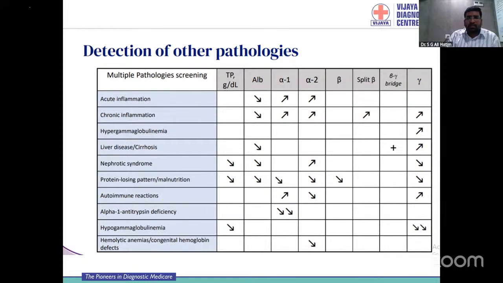Next, nephrotic syndrome. Because there is protein loss, proteinuria, there is decrease in total protein, albumin. The alpha-2 fraction is increased because alpha-2 macroglobulin gets reflected in that, and gamma globulin will be decreased. Likewise, different conditions show different fractions in this diagram.